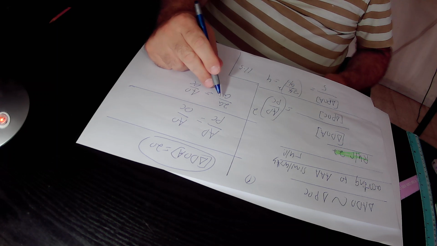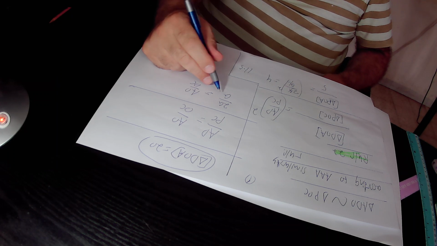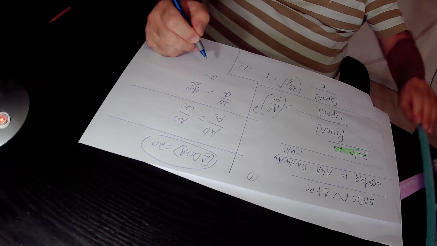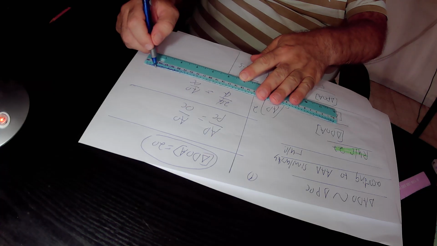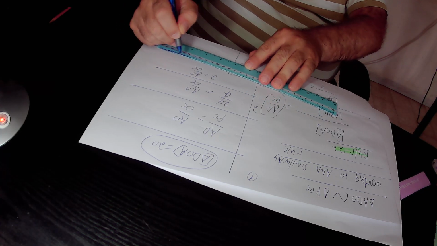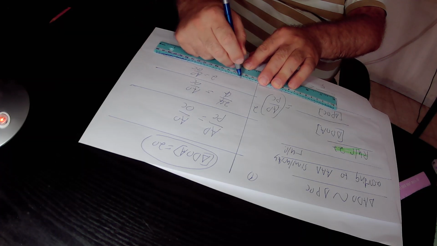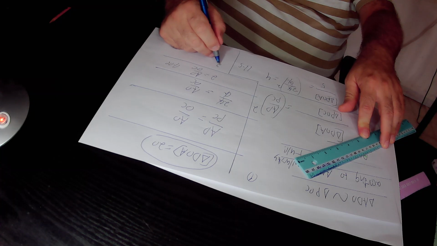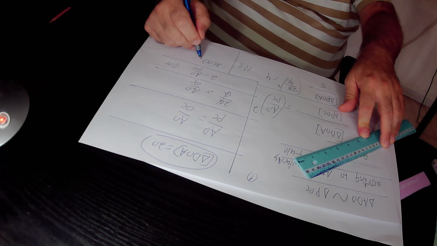We have A in the numerator and A in the denominator, so A gets cancelled, and we are left only with 2, that is equal to AO over OC. Here we multiply this equation by OC, and we get that 2 times OC is equal to AO.